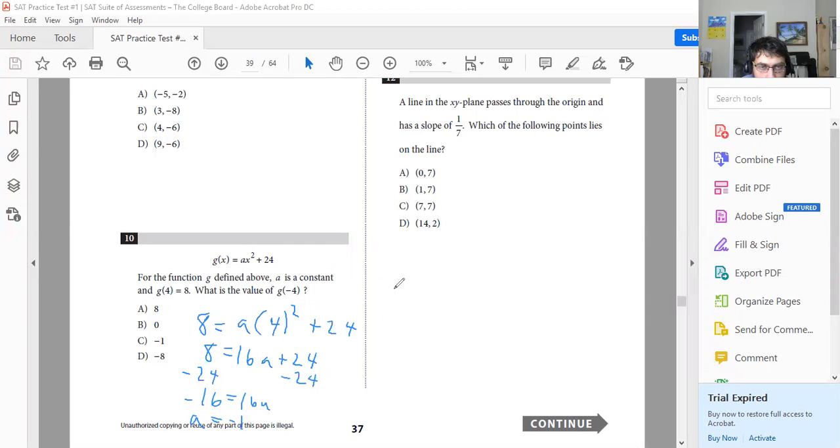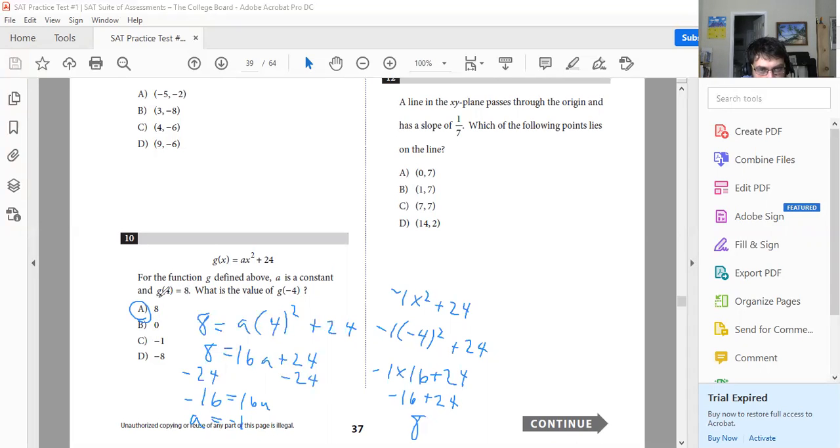And then if we go back and plug this in, negative 1x squared plus 24 is the value of g of negative 4. Negative 1 times negative 4 squared plus 24. Negative 4 squared is positive 16. Negative 16 plus 24, so that'll be 8.